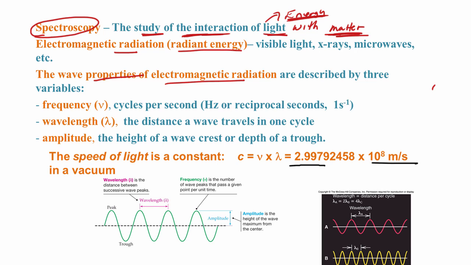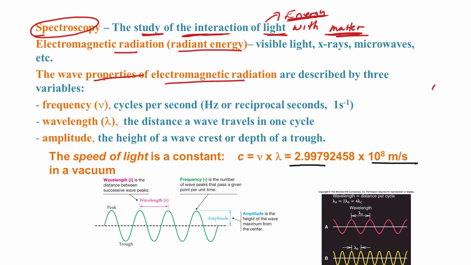Light is considered a wave. Light consists of oscillations in electric and magnetic fields that travel through space. The electromagnetic spectrum consists of visible light, X-rays, radio waves, microwaves, and so on. We'll talk about that in a second.